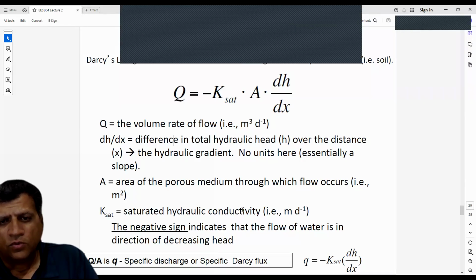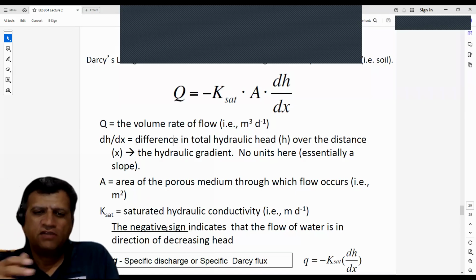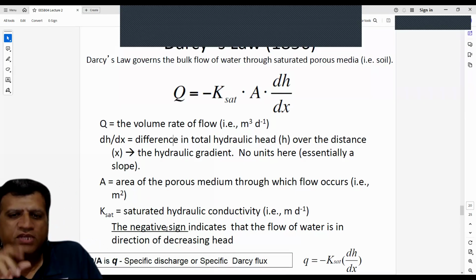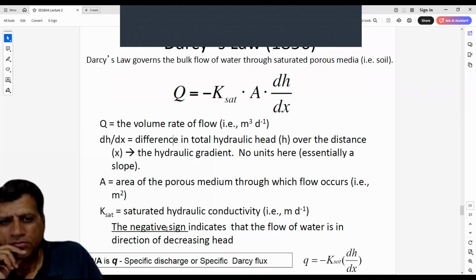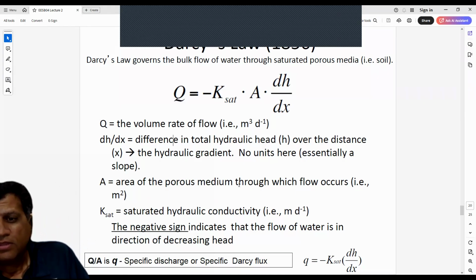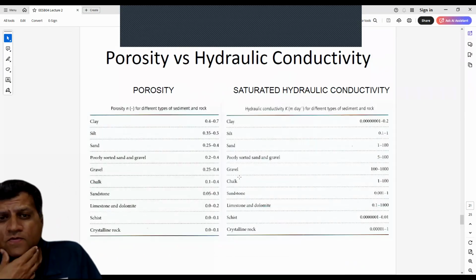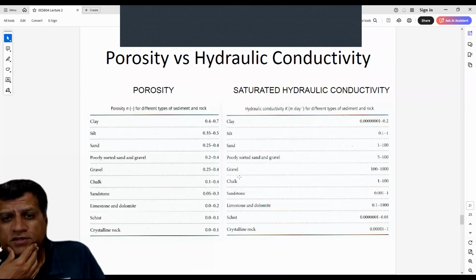Okay, continuing on. The reason why we have the negative sign is that water flows downhill in the direction of decreasing head. Okay, that covers that. So the porosity helps determine the hydraulic conductivity.